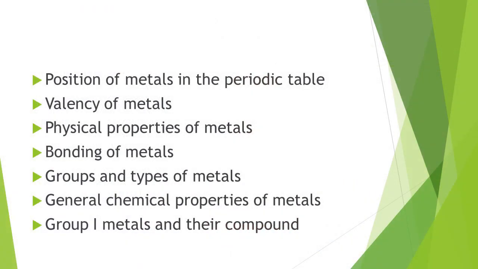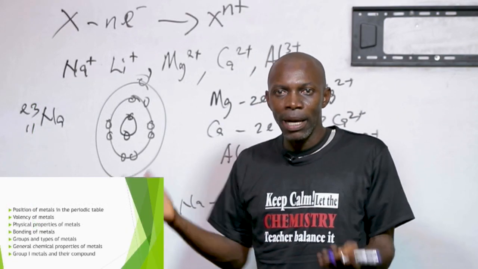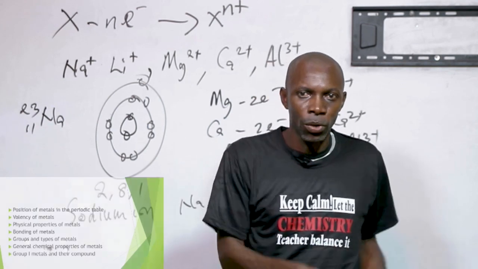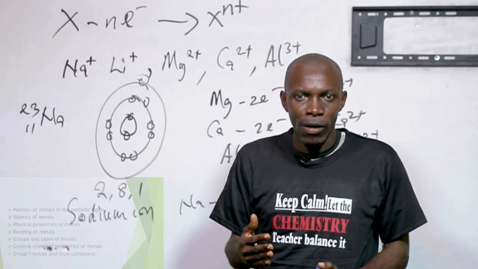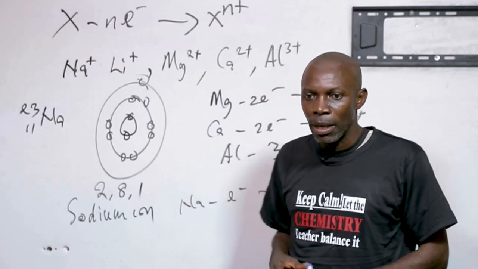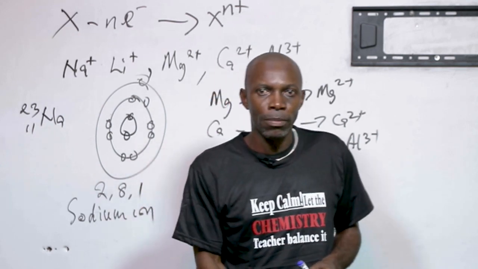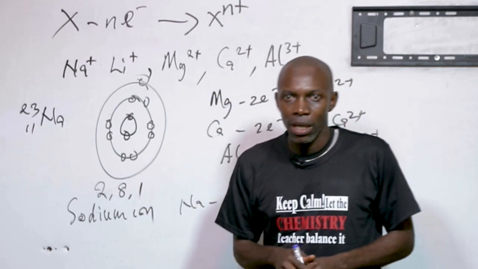Then we can also move on to talk about the position of a metal in the periodic table. We understand that the periodic table is a table, both the column and the row, that represents the activity of elements.